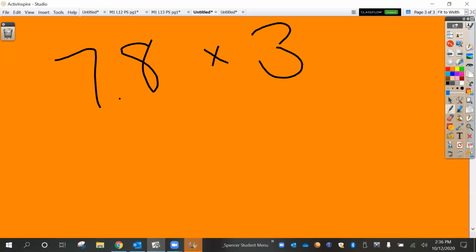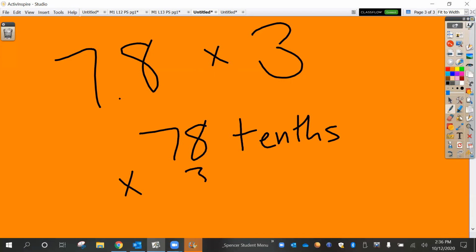Or actually, before we even do that, let's estimate. Well, 7 8/10 is really close to 8 whole numbers, right? 8 ones. So 8 times 3 is 24. So it should be a little less than 24. Okay. Well, let's convert this into tenths and decompose it. So it should be 78 tenths.